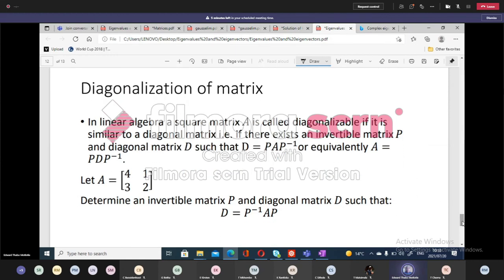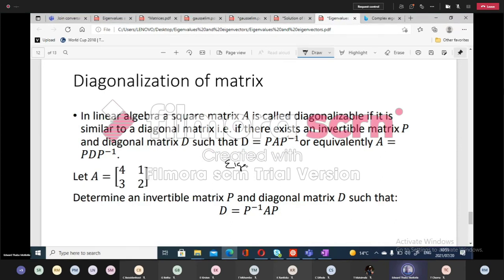So when you diagonalize this, we are going to look for eigenvalues, eigenvectors, and then we determine the matrix P using the eigenvectors. Okay.